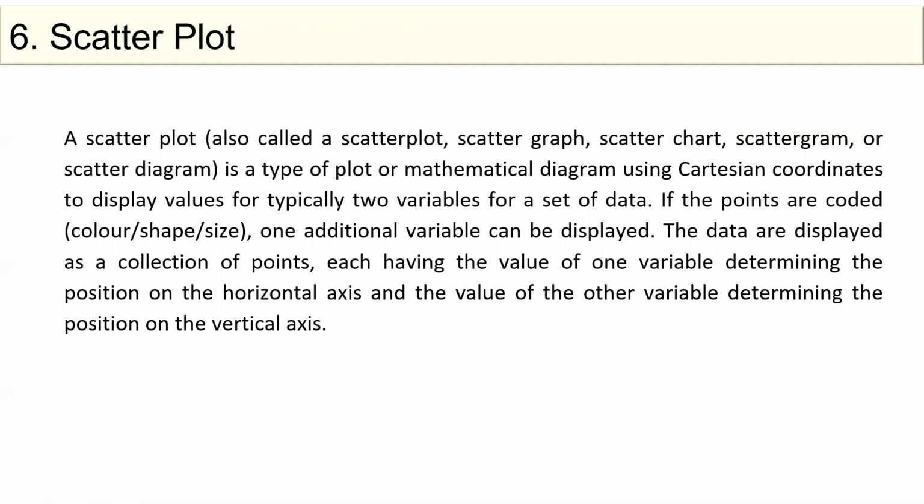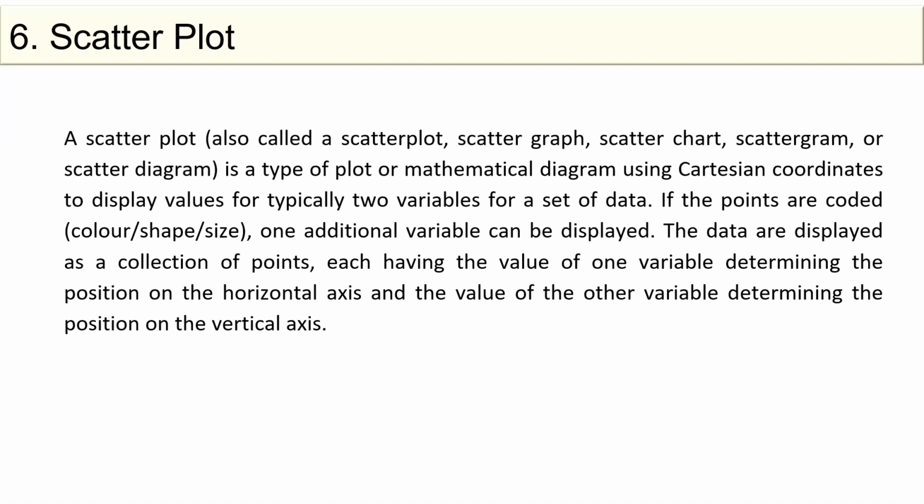Scatter plot. A scatter plot, also known as a scatter graph, scatter chart, and so on, is a type of plot or mathematical diagram using Cartesian coordinates to display values for typically two variables for a set of data. If the points are coded in color, shape or size, one additional variable can be displayed.